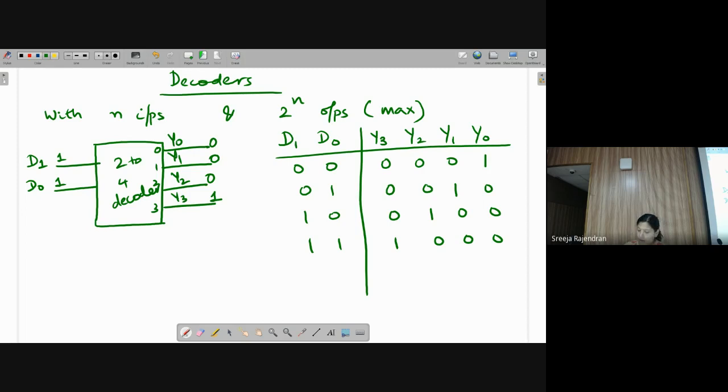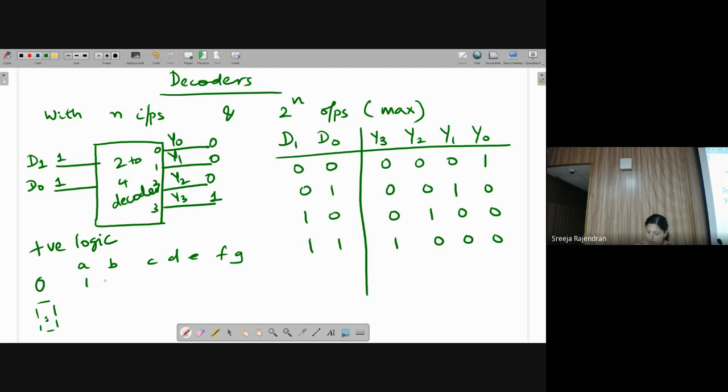Now, it is not necessary that I always set the output line to a high value. This kind of logic, where true becomes 1 and false is 0, is called positive logic. If you remember, we did the 7-segment display. If the number 0 was to be displayed, with segments A, B, C, D, E, F, G, only G was missing.